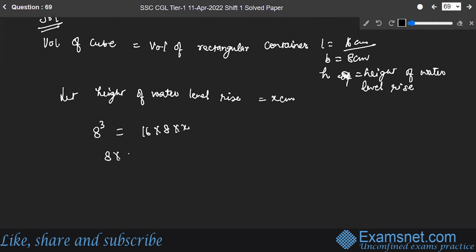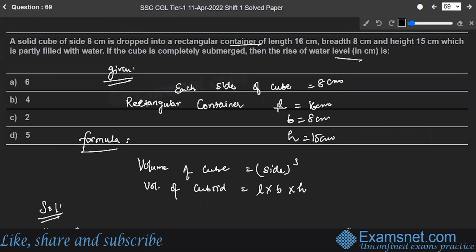This will be 8 into 8 into 8 whole divided by 16 into 8 is equal to x. So they will cancel, and you will have 4. So 4 centimeter is the height by which the level of water will increase, and option B is the correct answer for the problem. I hope you are clear with this.